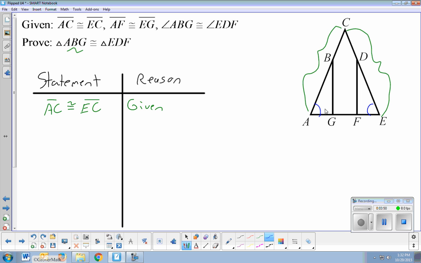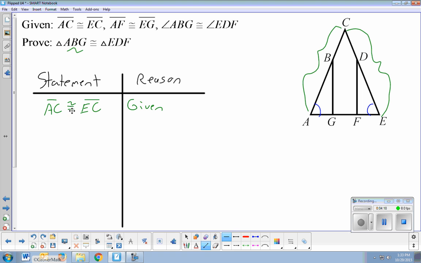And those angles are also angles of the smaller triangles I am trying to prove congruent. So when you're given sides congruent that are not your triangle sides, but sides of a different triangle, you first want to think about isosceles before you jump to any type of subtraction. And that's what we need to use this for, this isosceles principle that the angles opposite congruent sides of a triangle are congruent.